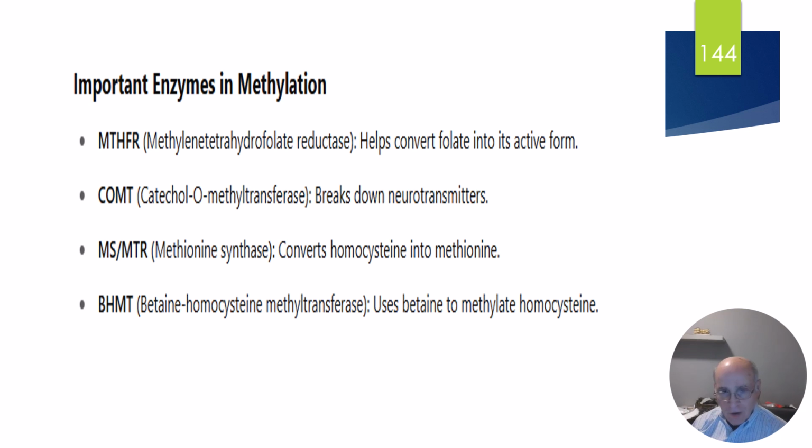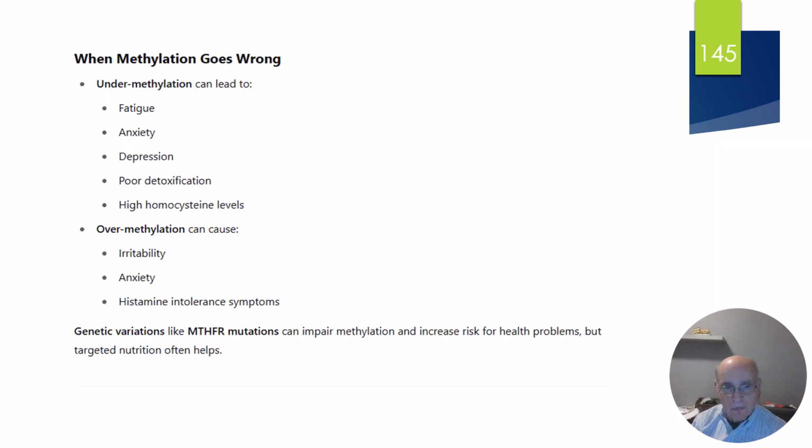COMT, which has to do with neurotransmitters, MTR, which is methionine synthase, which converts homocysteine to methionine, and BHMT, betaine homocysteine methyltransferase, which uses betaine to methylate homocysteine. So it's all about methylating homocysteine into a form that the body can get rid of.